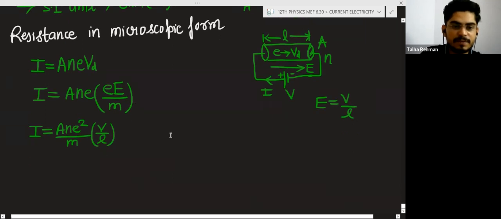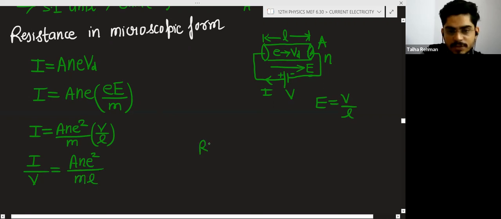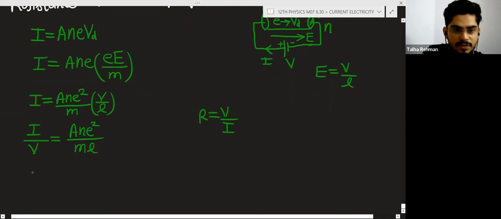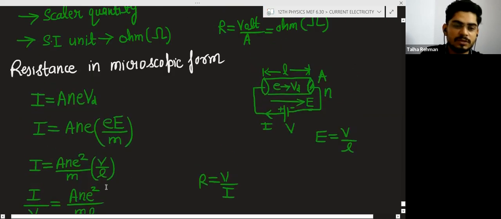Now taking this V in the denominator, this will become A n e squared by m L. But resistance is equal to V upon I, so we will reverse this: V upon I will become m L upon A n e squared.